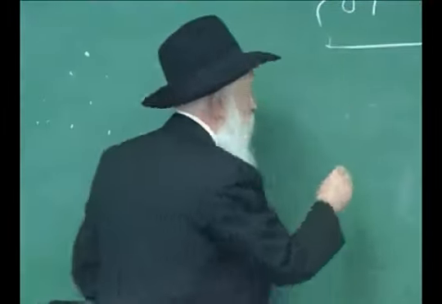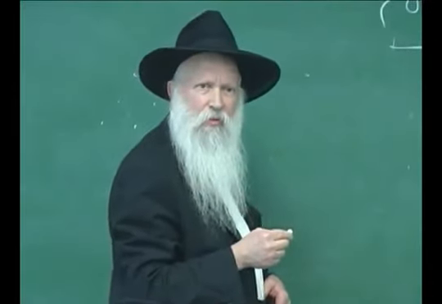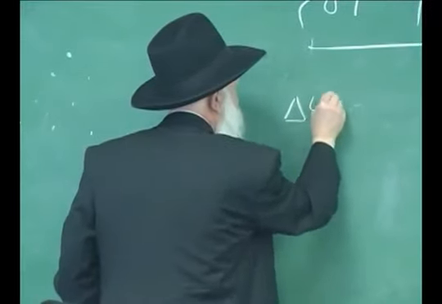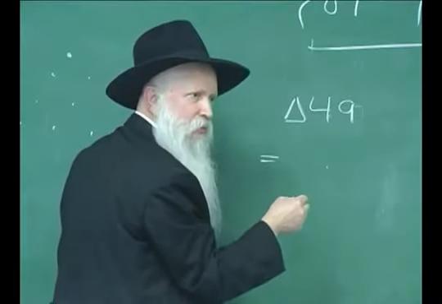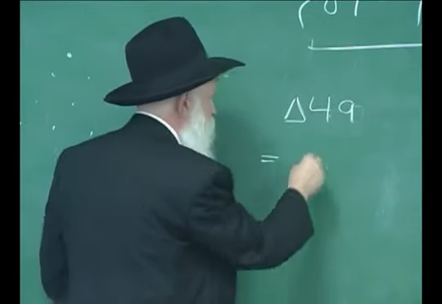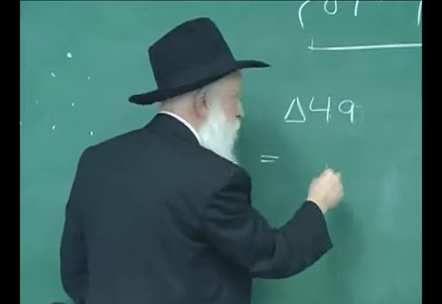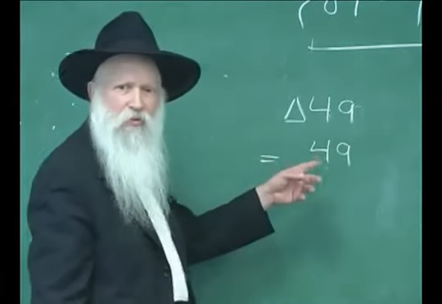What was the formula? How do we do it? I want to do the triangle of 49. So what does that equal? What did we say before? It equals 49 times, 49 times what?